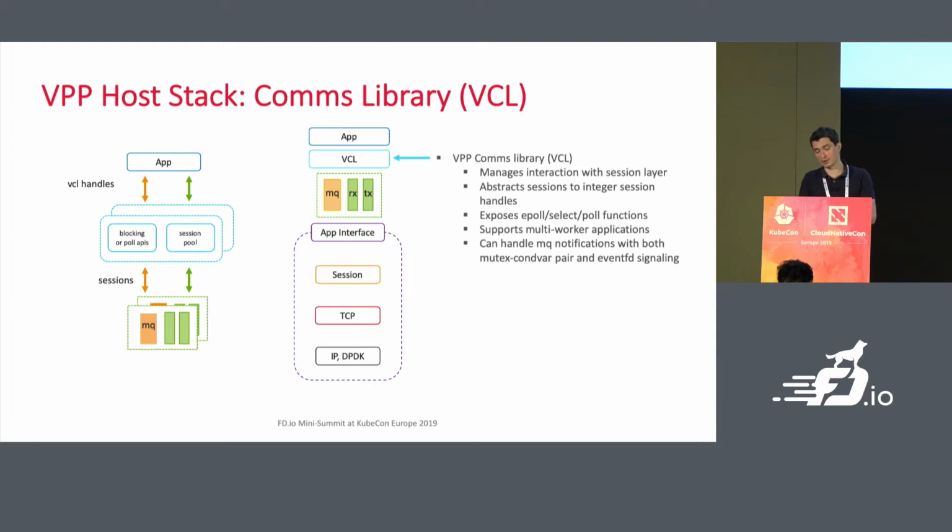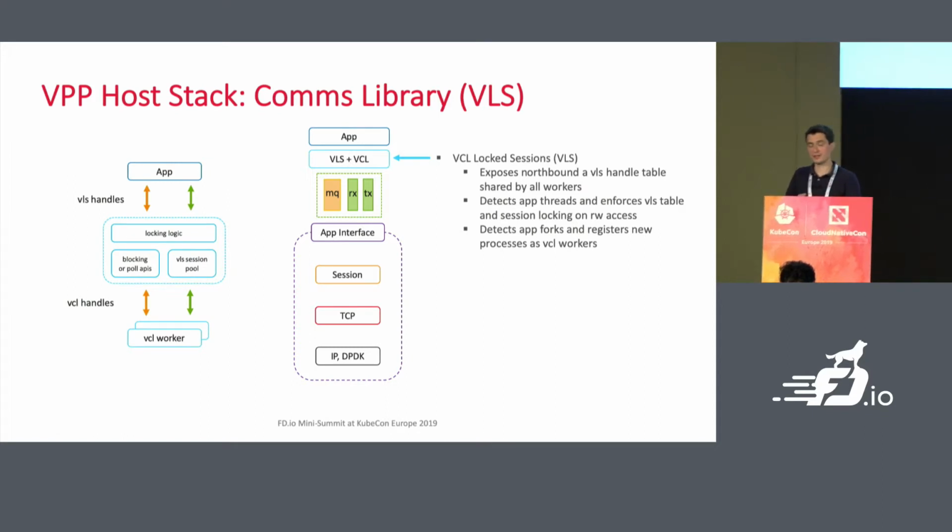This is very important. It's a threading model that's similar to the rest of VPP, but sometimes it's restrictive from the point of view of existing applications. And I guess it's worth noting here as well that VCL can work with MQ notifications with both mutex convar and event FD signaling.